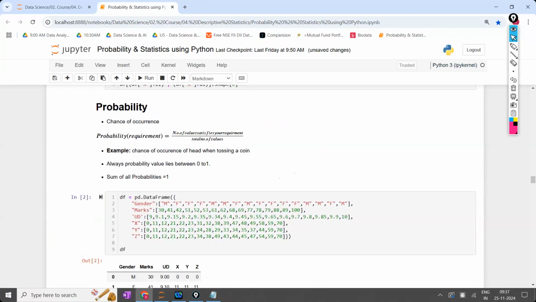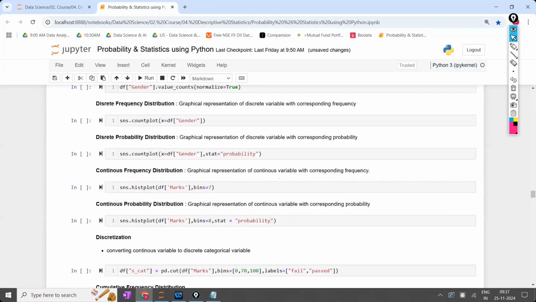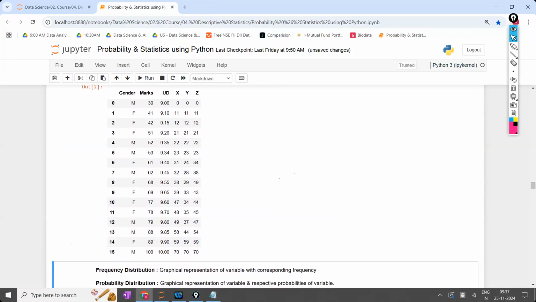In this data set, there are various columns, like gender, marks, UD that is uniform distribution, X, Y, Z. Out of these columns, marks and gender we have used for discrete probability distributions, discrete frequency distribution, and continuous frequency distribution. Only these 2 columns we have used. Now I'm going to use the remaining 4 columns.